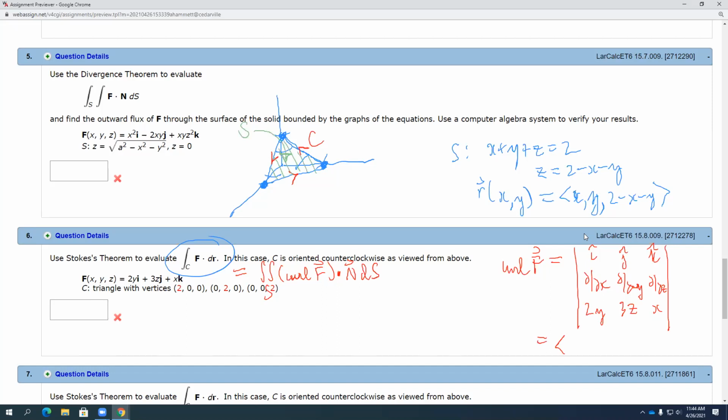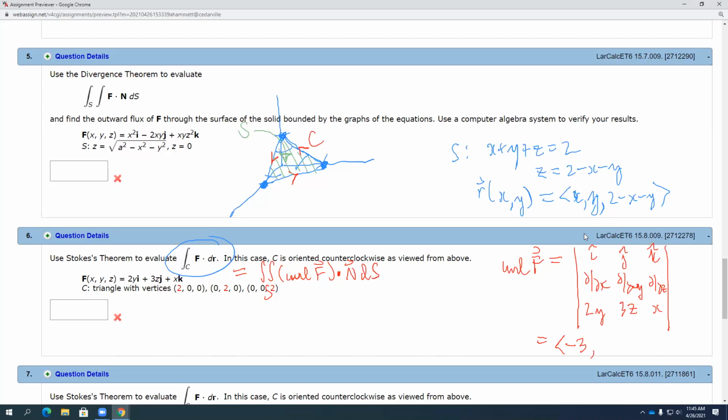Well, I cross out the first column in the first row. Partial with respect to y of x, that's 0, minus partial with respect to z of 3z, which is -3. Then I cross out the second column in the first row and do a little backwards action.